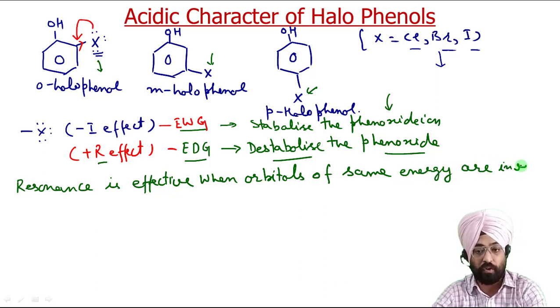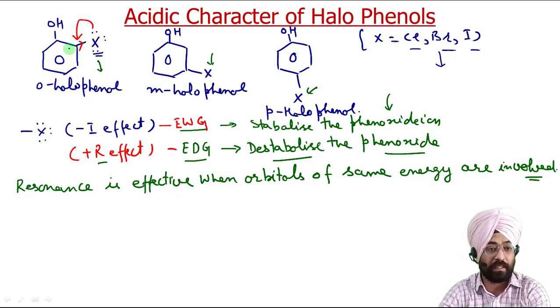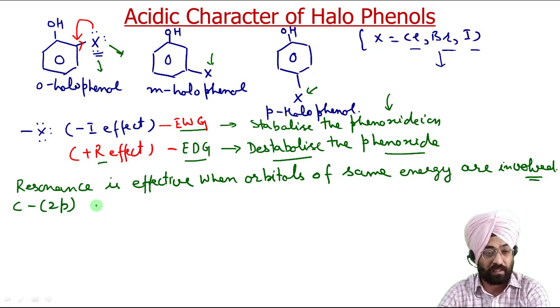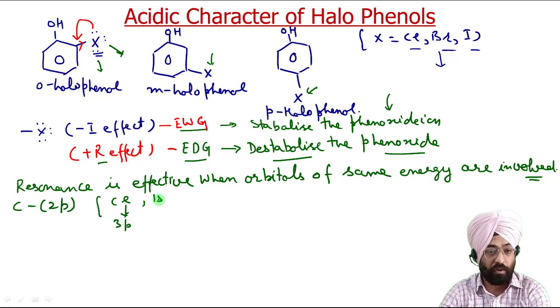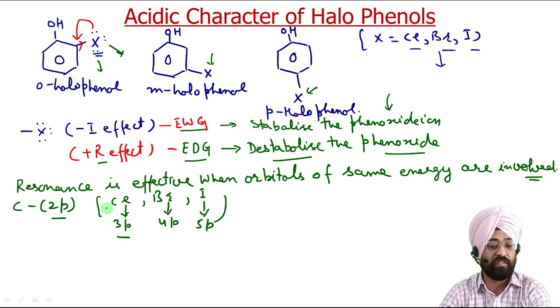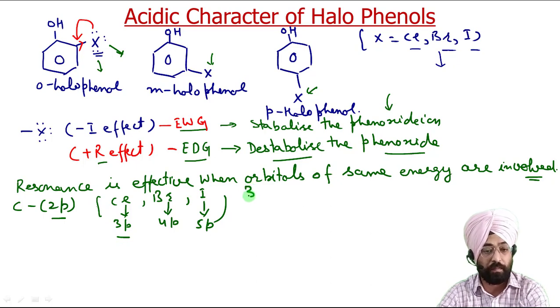Resonance is most effective among orbitals of the same energy. Here the carbon of the benzene has a 2p orbital, whereas the halogen X, for chlorine, has a 3p orbital, for bromine the electrons are in 4p orbitals, and for iodine they are in 5p. So 2p and 3p orbitals don't have the same energy; the energy of the 3p orbital is greater than the 2p orbital.